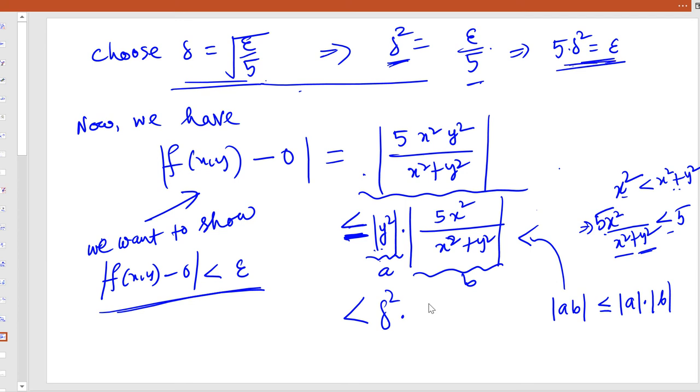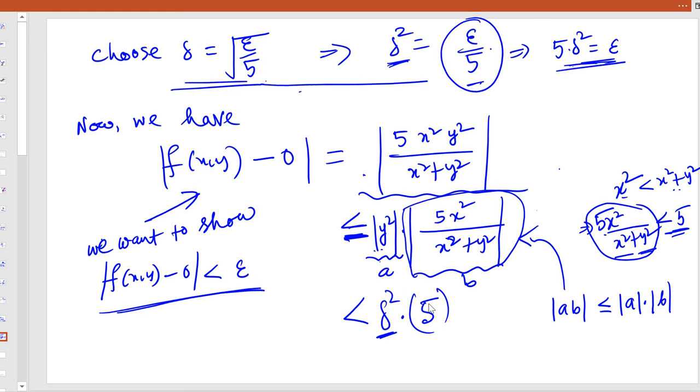And for the other part, what you can write? You can write 5, because this part is less than 5. So you multiply 5. In place of delta square, we can now write epsilon by 5, and this is 5. So 5 gets cancelled, it becomes epsilon.